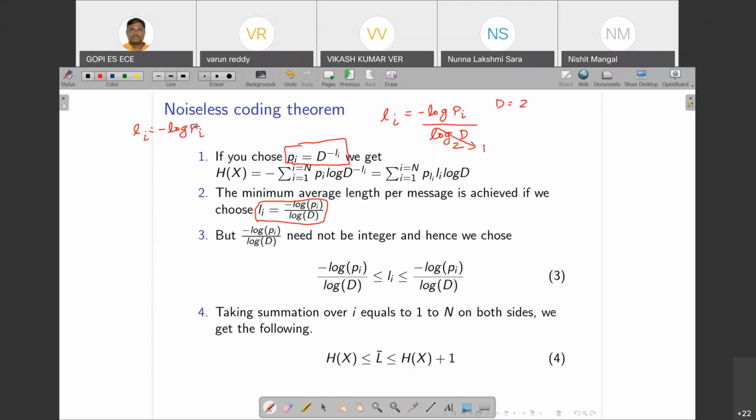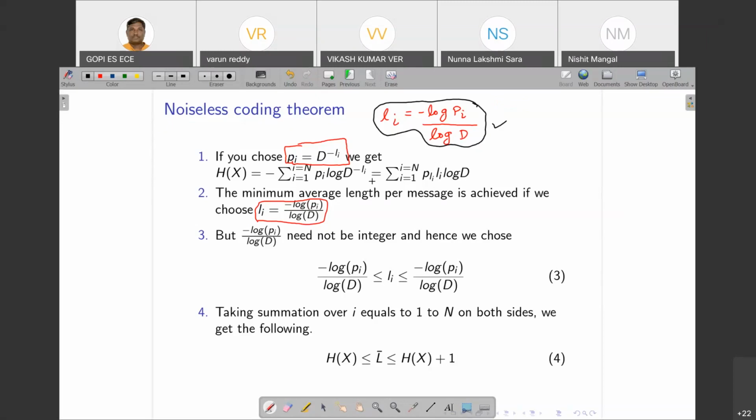But the more general statement of this noiseless coding theorem involves D also. So your Li should satisfy this: Li is equal to minus log pi whole divided by log D.